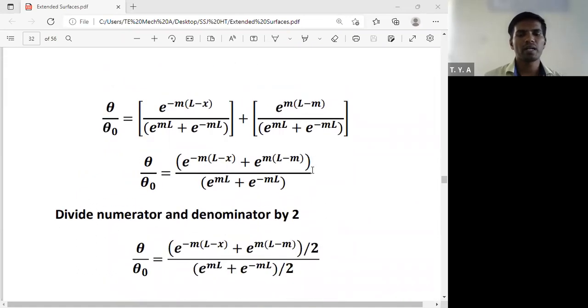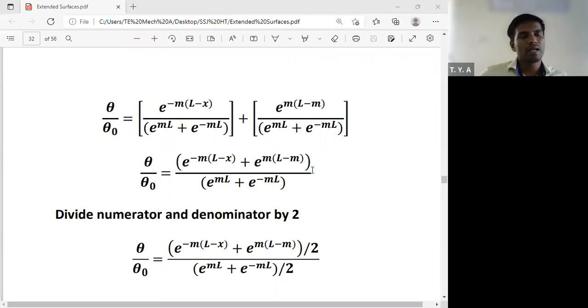Divide the numerator and denominator by 2. So the equation is theta upon theta 0 is equal to e raised to minus m into bracket L minus x plus e raised to m into bracket L minus x divided by 2, divided by e raised to ml plus e raised to minus ml by 2.